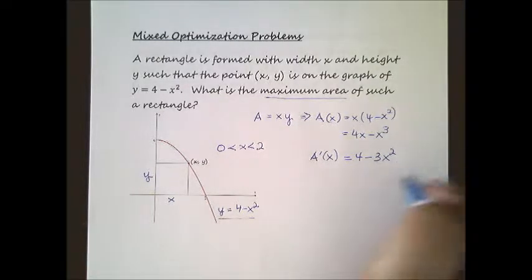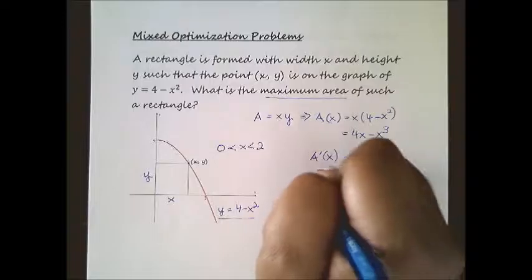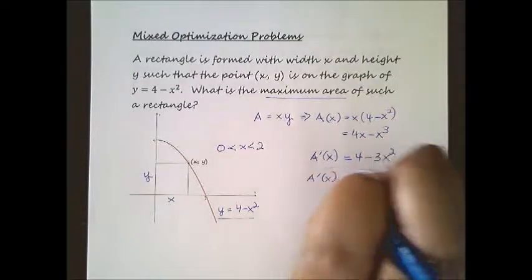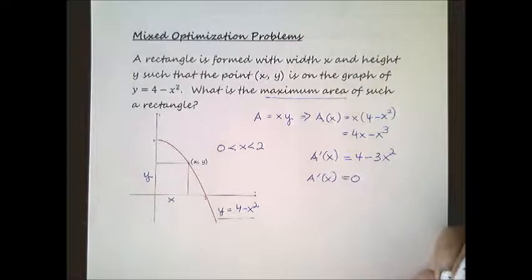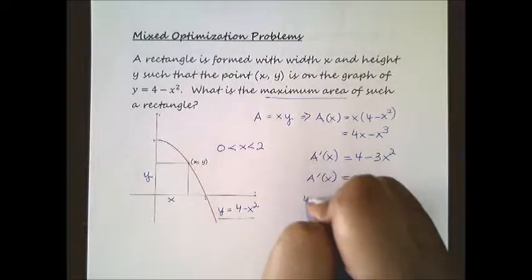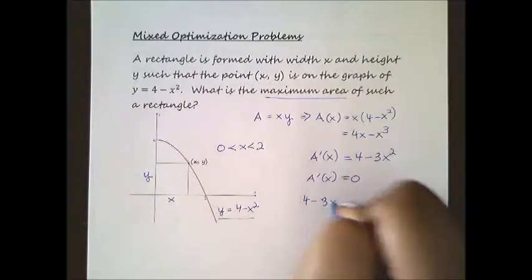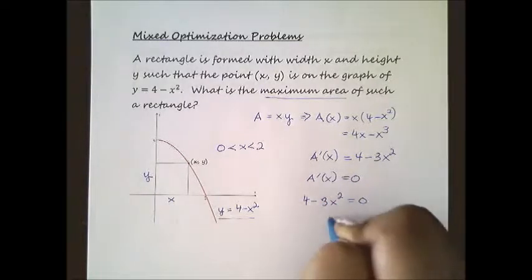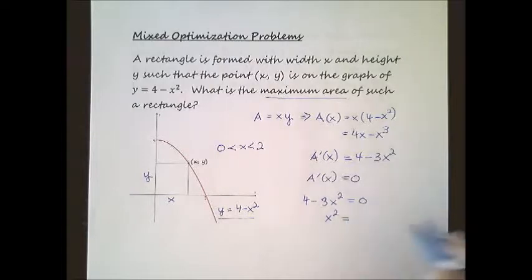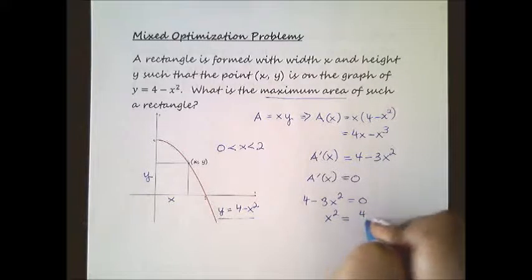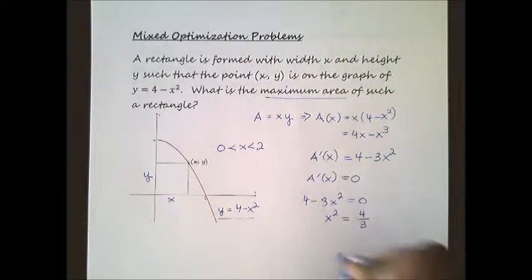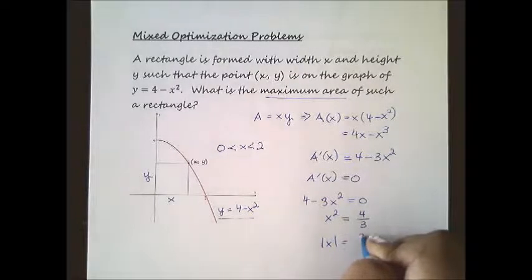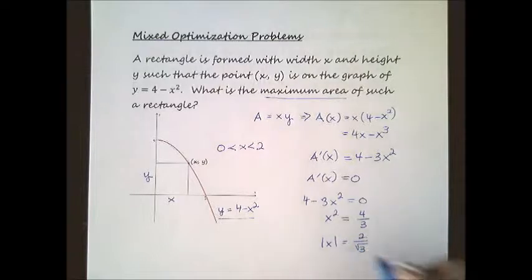So to find the critical points, I need to set the derivative A prime of x equal to 0, or look for where it's undefined. In this case, it's a polynomial, so it's never undefined. So I just need to solve for when the derivative is equal to 0. This is when x squared is equal to 4 thirds, which means that the absolute value of x is equal to 2 over the square root of 3.